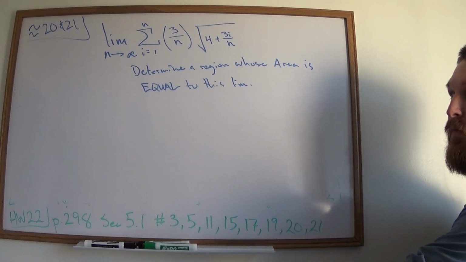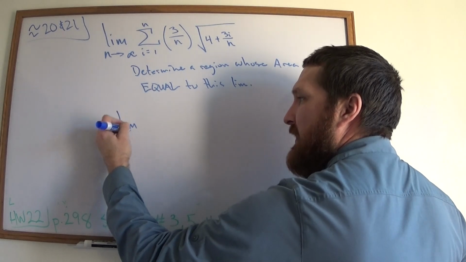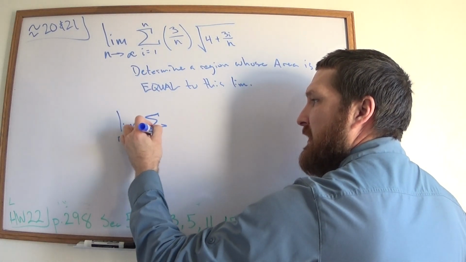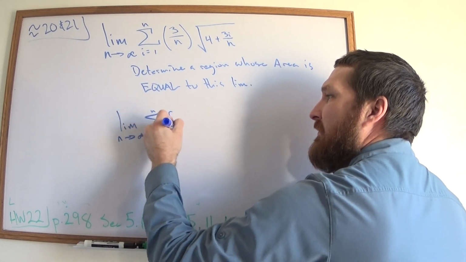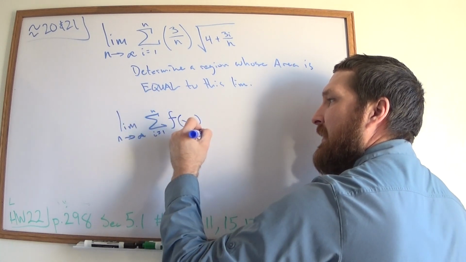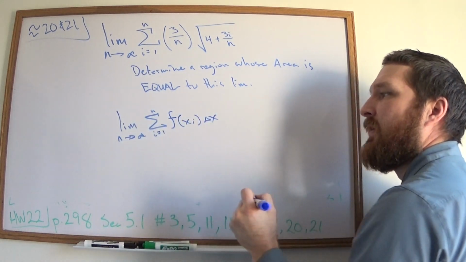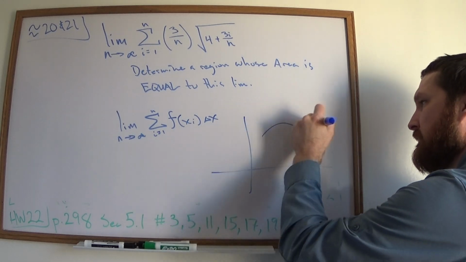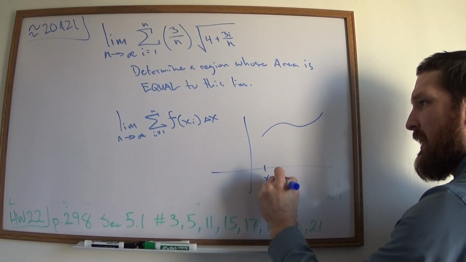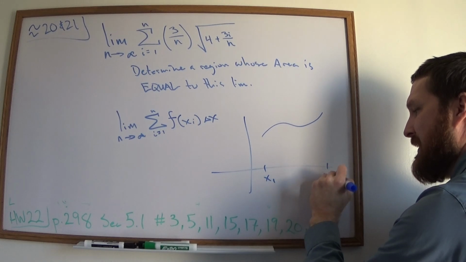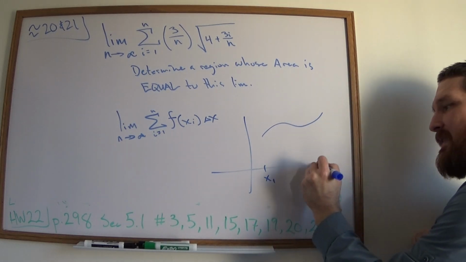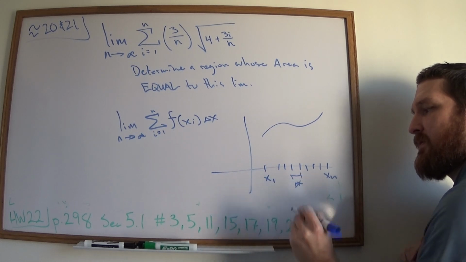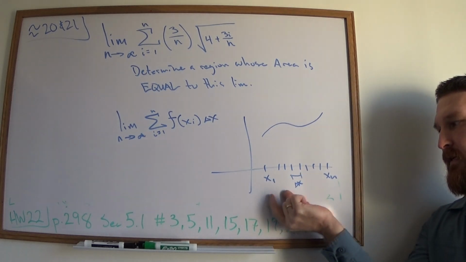And so right away, what you should notice is, okay, hold up. I know that the limit as n goes to infinity of a sum, where i goes from 1 to n, of f of xi times delta x, would be some function, and there's some x1 up to xn that's been chopped up into these little lengths, delta x.